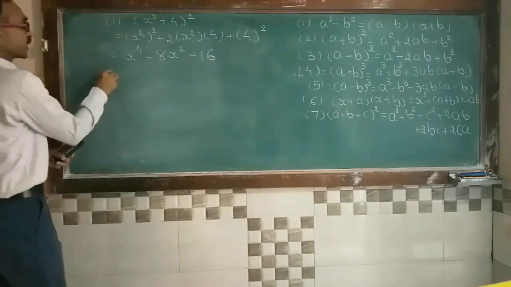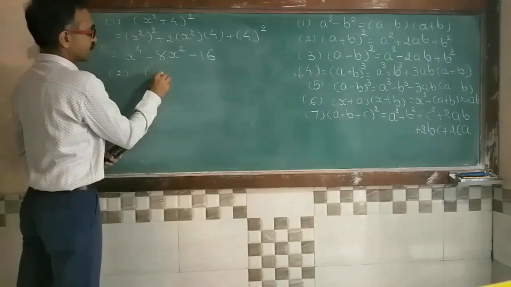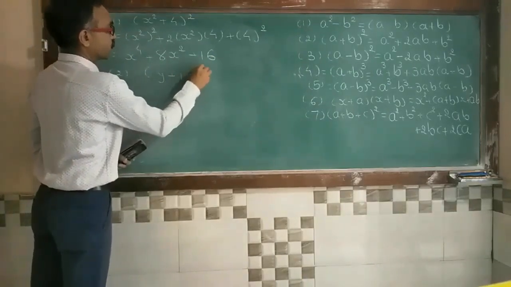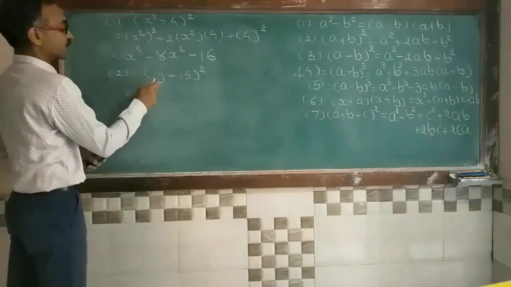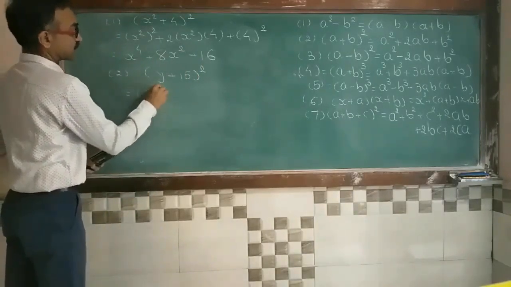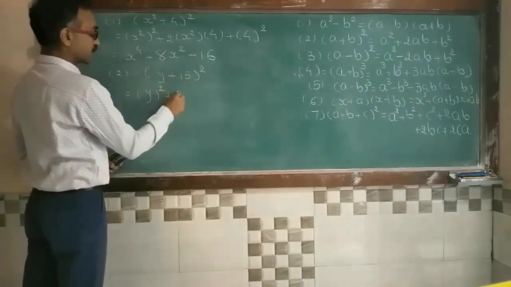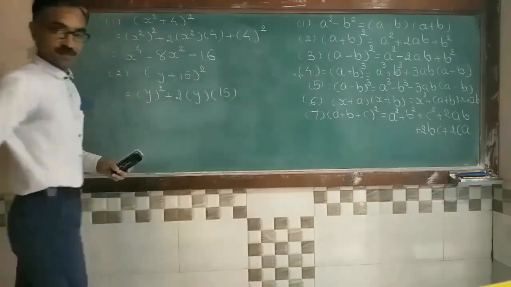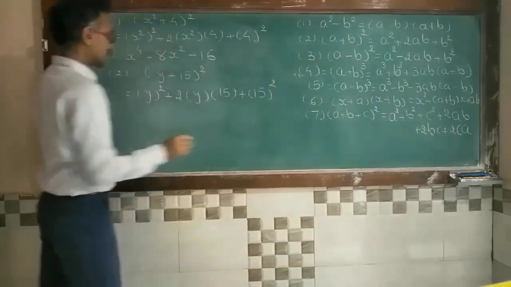Okay? The second one, suppose you are given y plus 15 whole raised to square. So the answer is, as usual, square of first term plus multiplication of all the three terms, 2 into y into 15, plus 15 square.